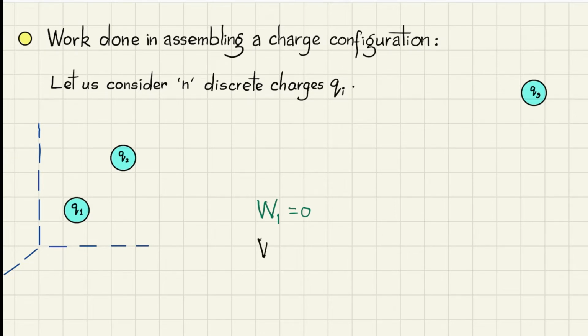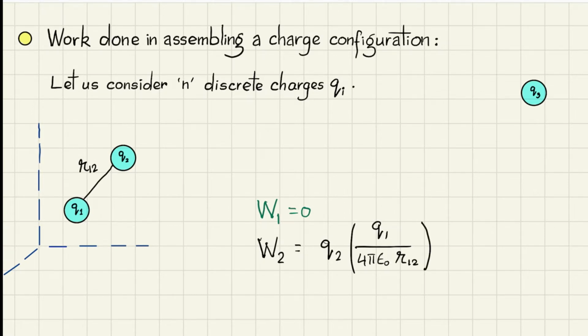So how much will be W2? W2 would be, with the distance between the charges being R12, I have brought Q2 in presence of the potential due to Q1. So this is Q2 times Q1 by 4 pi epsilon naught R12, the potential at the place where I have brought it.